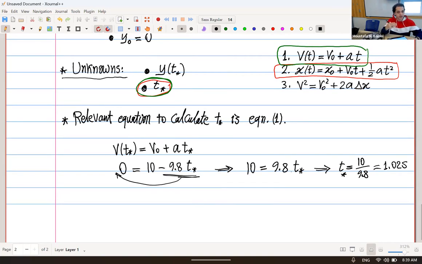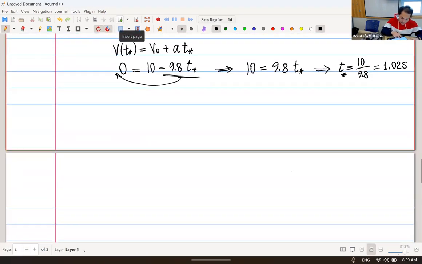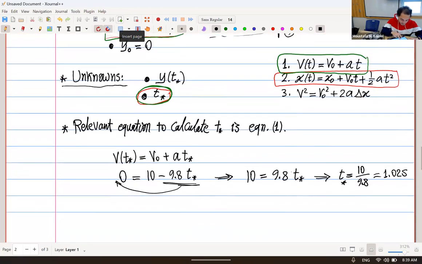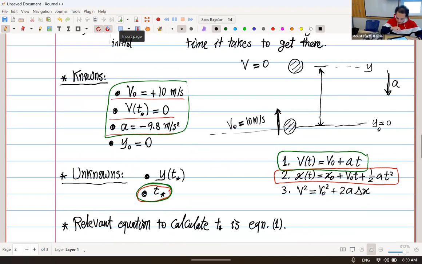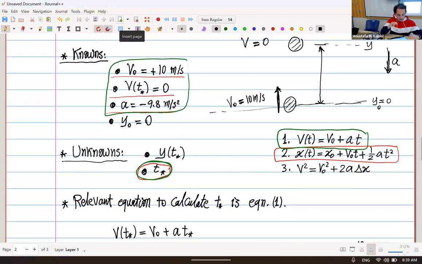Now we want to get the maximum height itself. Since we already got the time, there are two approaches to proceed from here. We can use the time we already calculated and use equation 2, because we will have v naught and t and a, and we will be looking for x or y in this case.